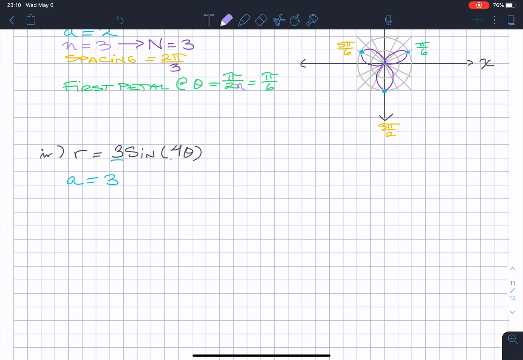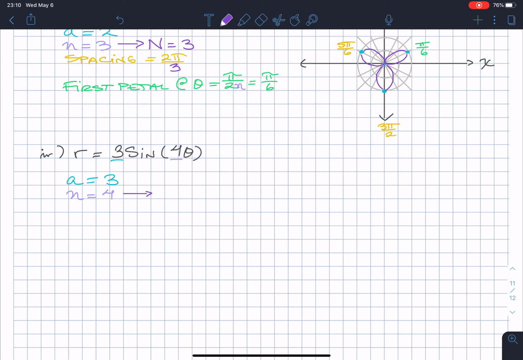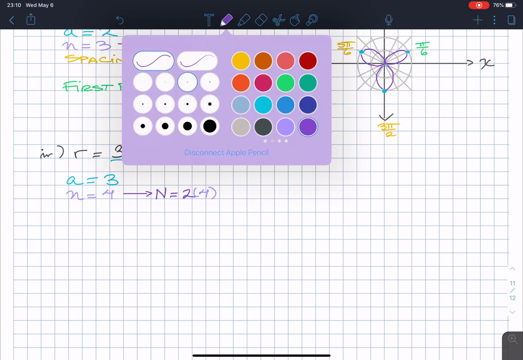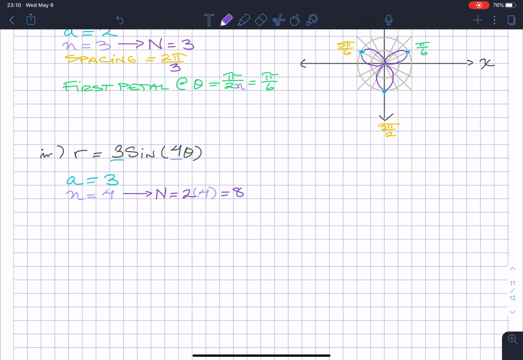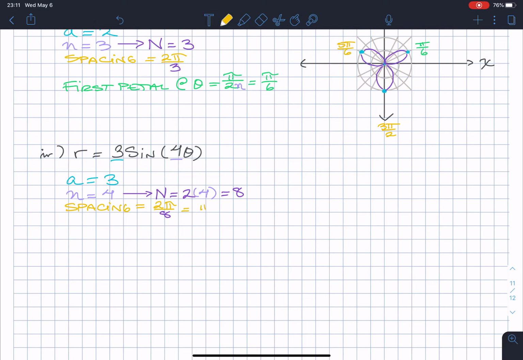The coefficient of theta is 4, so that is even. So therefore my number of petals, n, is 2 times 4, or 8. So I have 8 petals now. So the spacing of those 8 petals is going to be 360 degrees divided by 8. Okay, so that reduces to pi over 4. So every 45 degrees I'll have a petal.